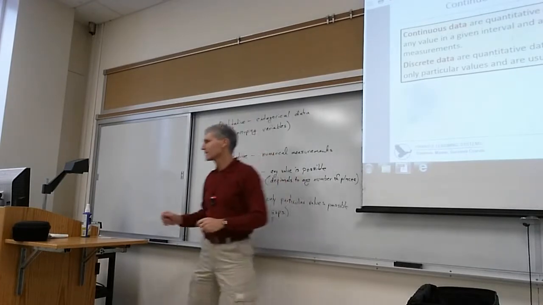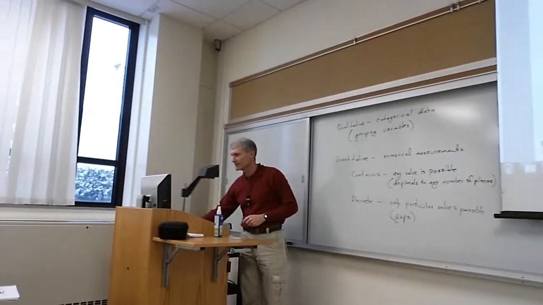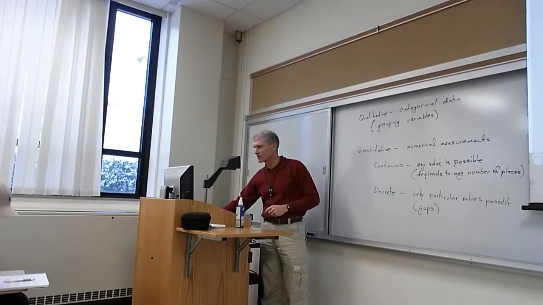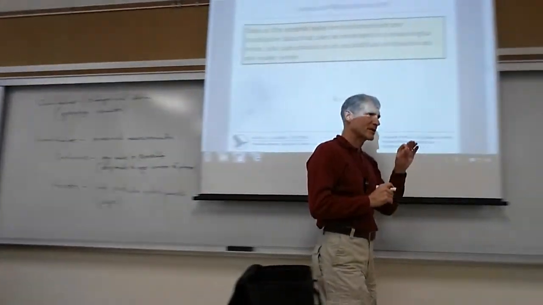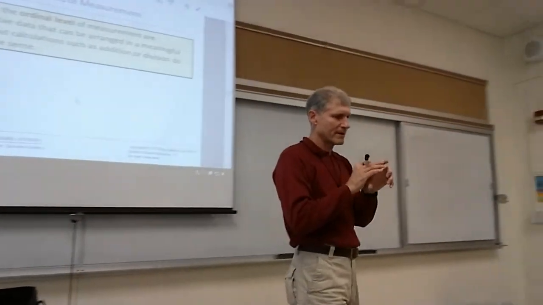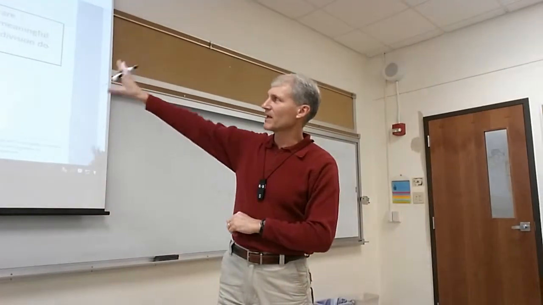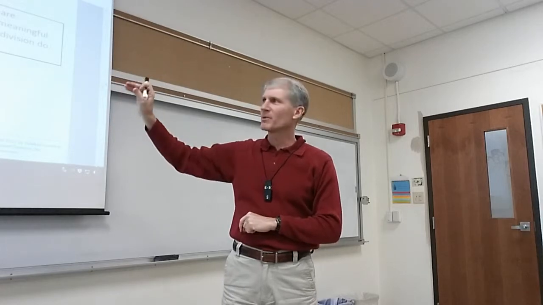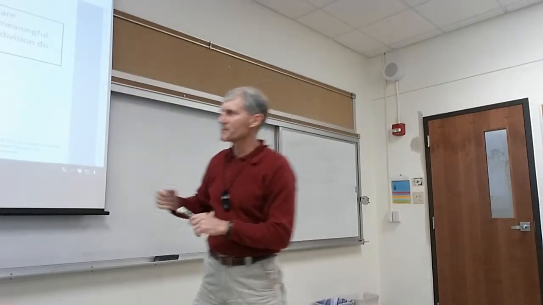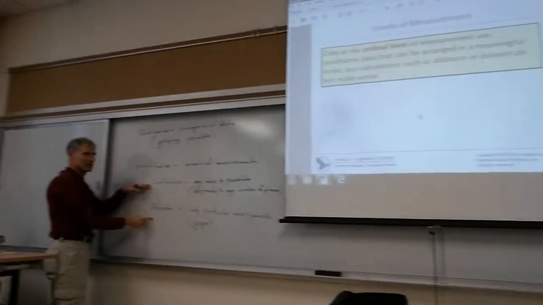So, let's go. There's one more that I don't think they have. Oh, there it is. They talk about levels of measurement now, and they've dropped this word ordinal as a level of measurement, but I really think it ought to be in the same discussion with continuous and discrete.